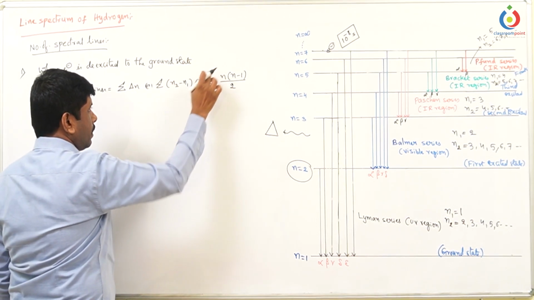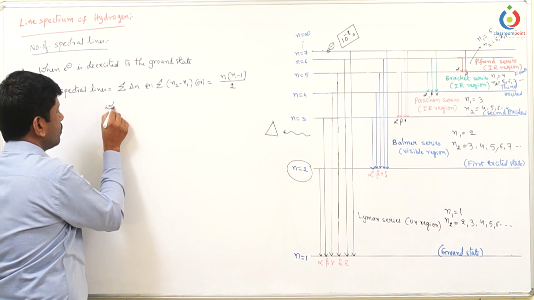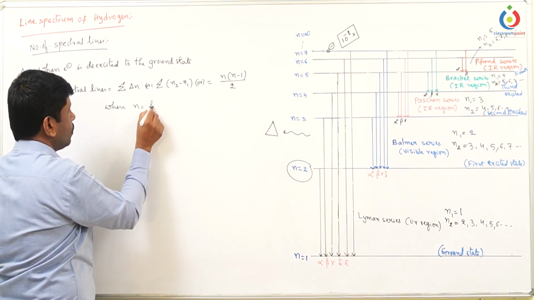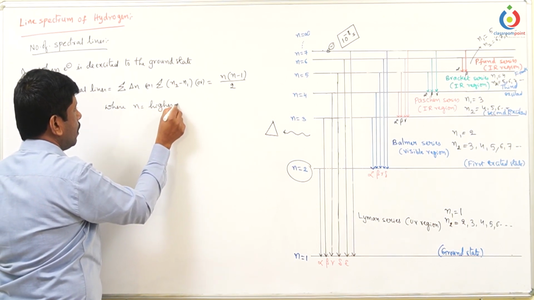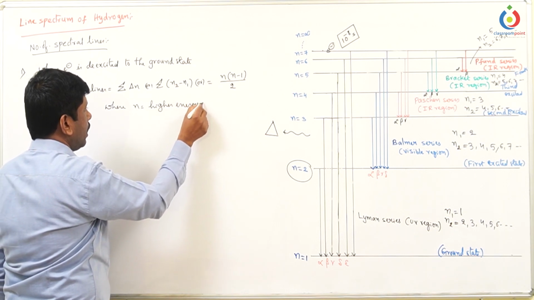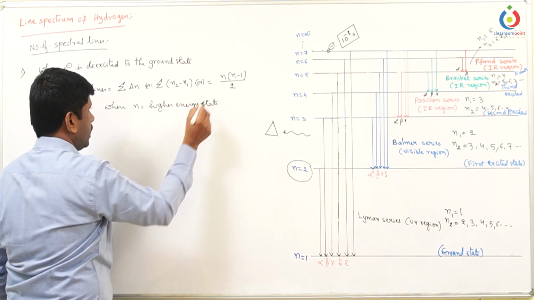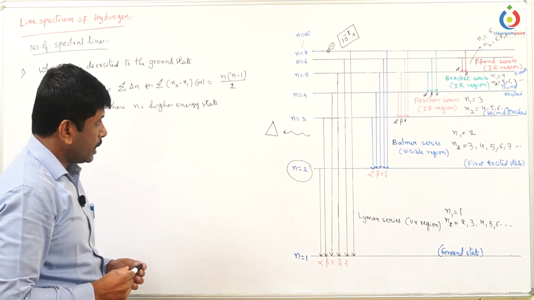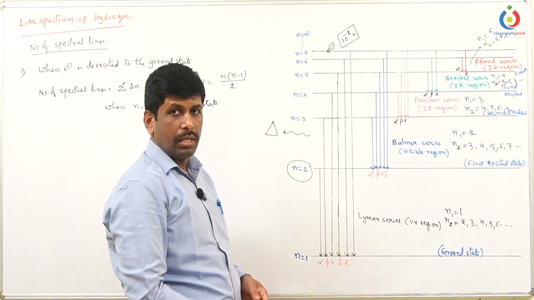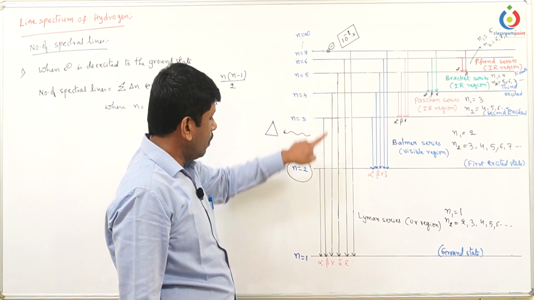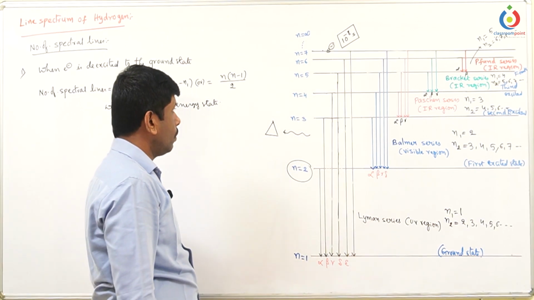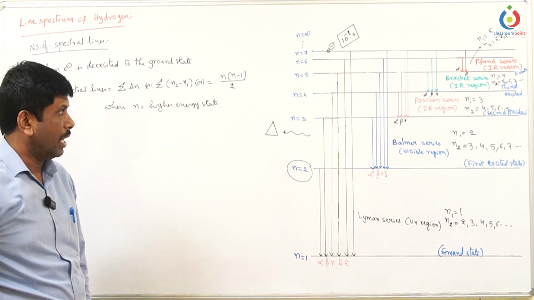Here n stands for the number of the higher energy state. Imagine the electron is de-excited from the fifth energy level to the ground energy level. How do we calculate the number of spectral lines?